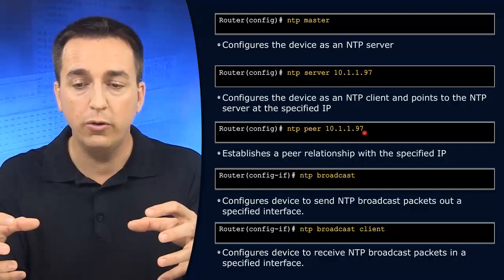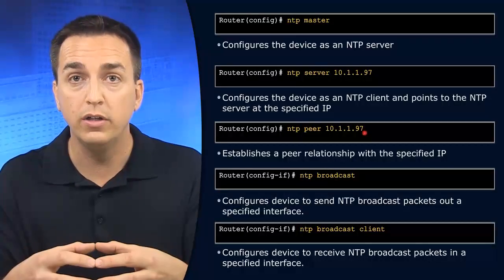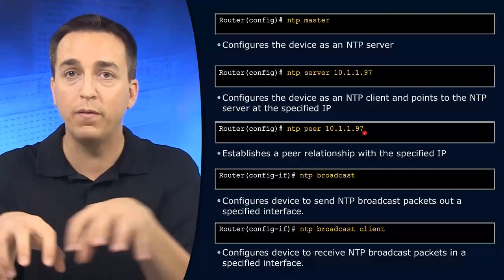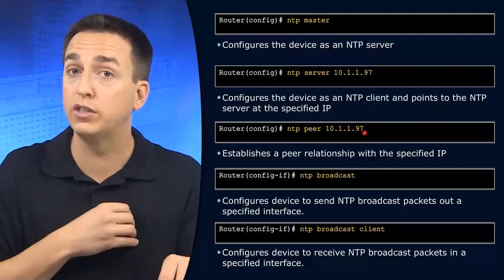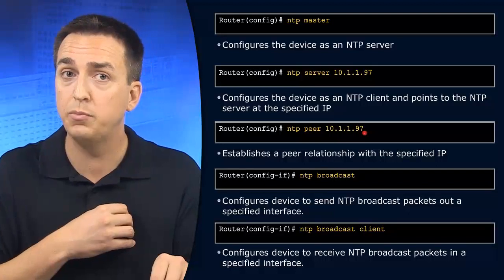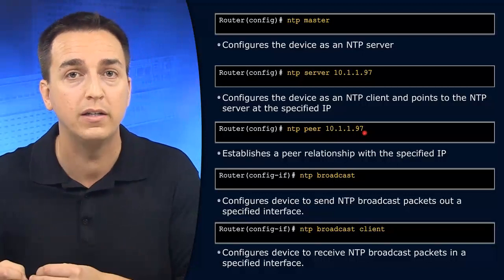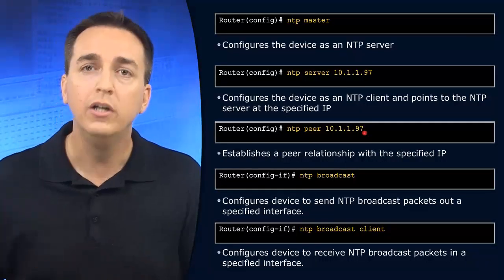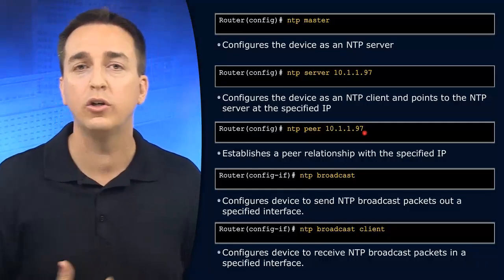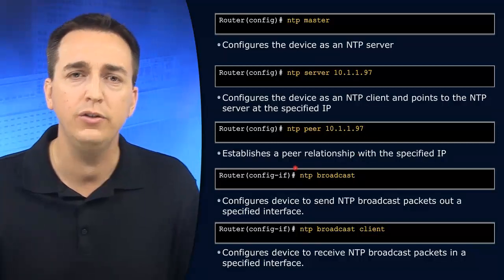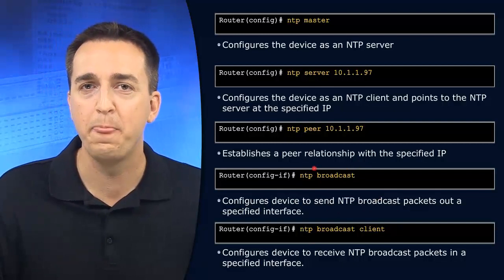Well, what they can do is they can now help each other out, meaning that if this router still has connectivity to its time source, then it can get its time from that device and still be able to service the clients behind it. So it's about ensuring that we maintain a peering relationship with other routers in our environment that have time as well, so if something happens to our authentic time source, we can still service the clients behind us.